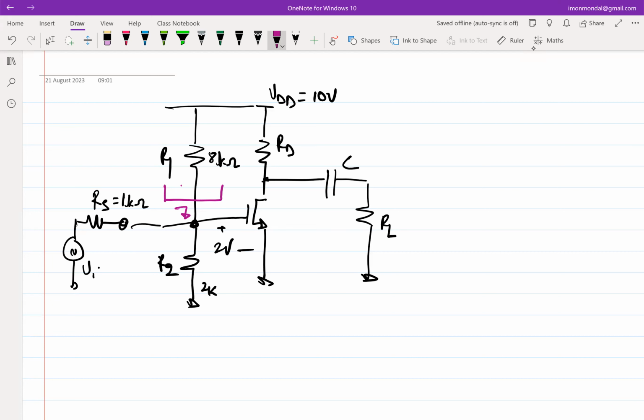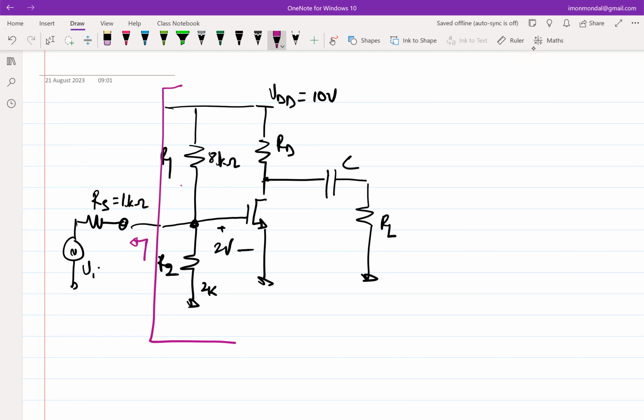Another way of saying the same thing is this 1 kilo ohm is loading your resistor divider, right? So if this is my box, looking inside, what I'm saying is this 1 kilo ohm is loading the resistor divider. Since 1 kilo ohm is loading the resistor divider, you will have a problem.